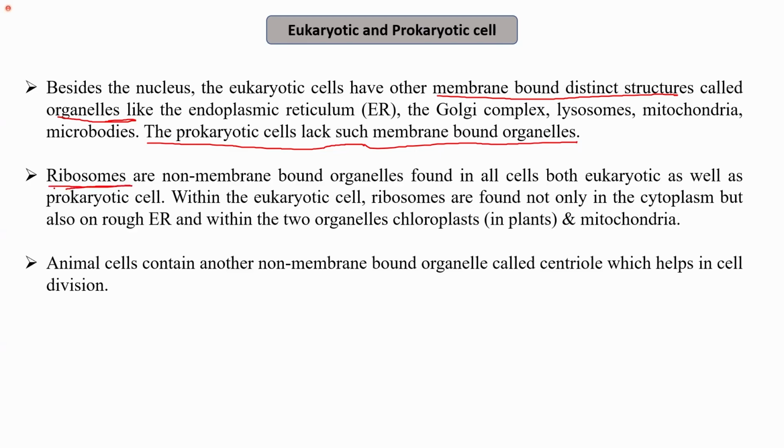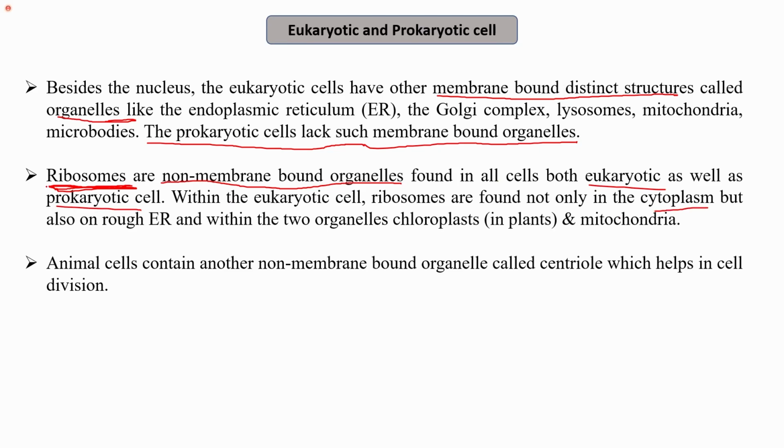that ribosomes play an important role in protein synthesis as well. These are non-membrane-bound cell organelles, so since they are non-membrane-bound, they are found in both eukaryotes as well as in prokaryotes. Within the eukaryotic cells, ribosomes are found in the cytoplasm.